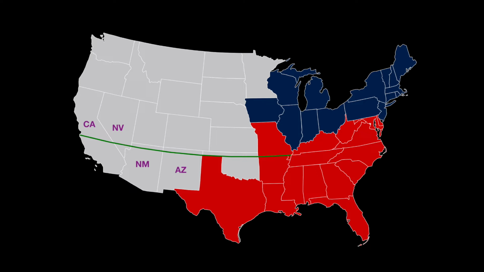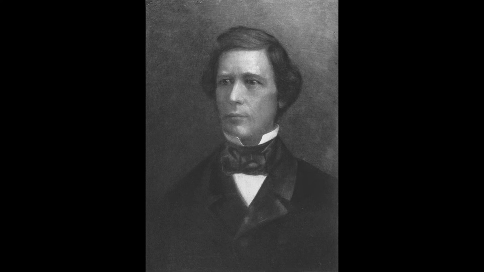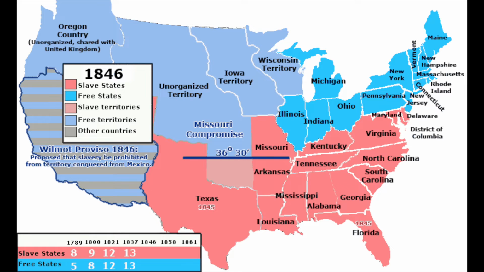In response to this possibility of a huge swath of new slave territory, Pennsylvania Congressman David Wilmot put forth a bill providing President Polk with $2 million to help with peace talks with Mexico. However, included in this bill was a provision prohibiting slavery in any lands gained from Mexico, regardless of whether or not Polk purchased the territory from Mexico or if the United States won this territory in the war.